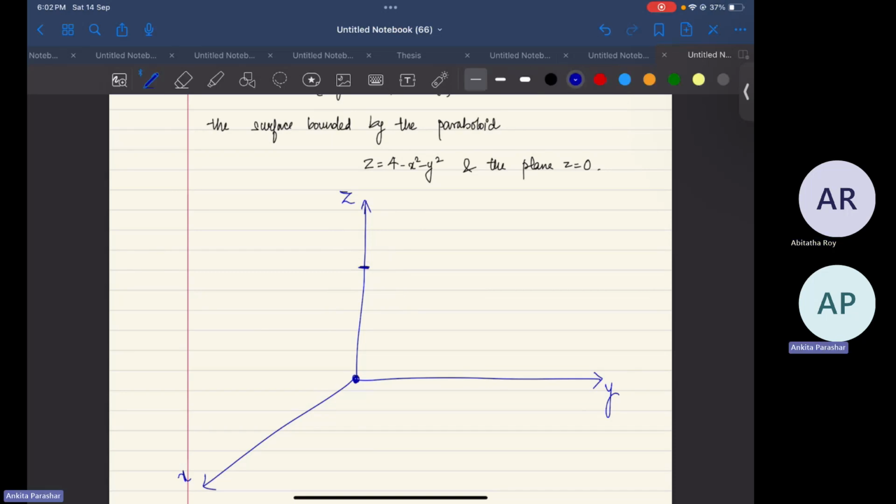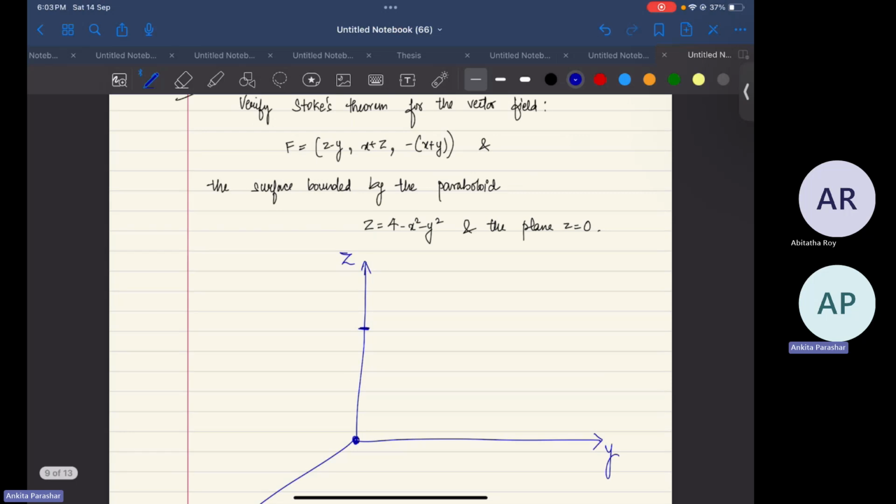Okay, this is one way to see. After that, it is bounded by the plane z equal to 0. So you basically understood by the statement itself. One way is to be smart enough to understand the statement, which says it is a bounded region between z and 0; if you go above it will not be bounded.